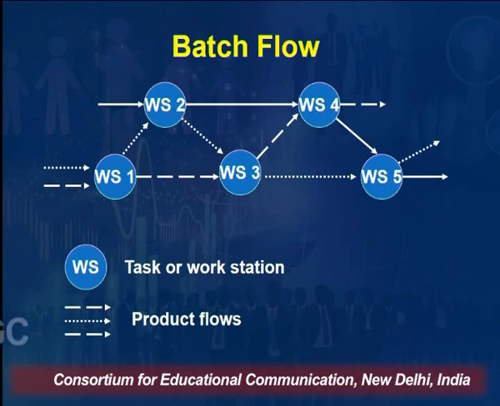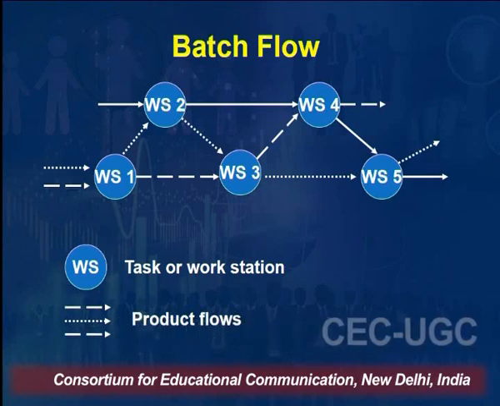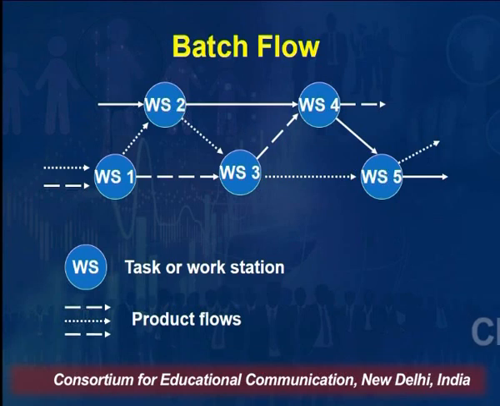Whereas in a batch flow, here also it follows a direction. For example, you have workstations WS1, WS2, WS3, 4 and 5. And at the bottom you are seeing product flows: there is a line, then dotted lines, and broken lines. On the top, there is a straight line following the route from workstation 2 to workstation 4.